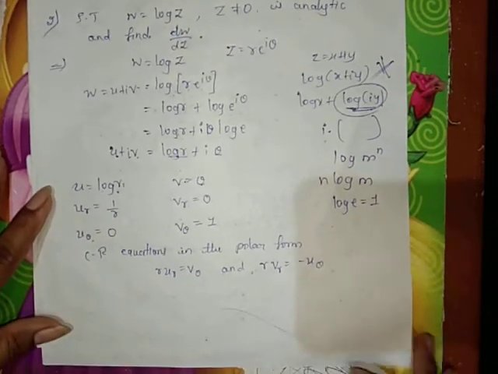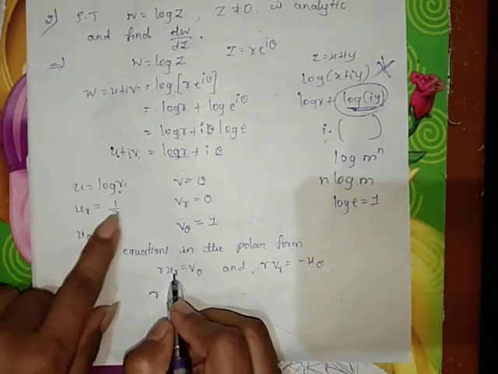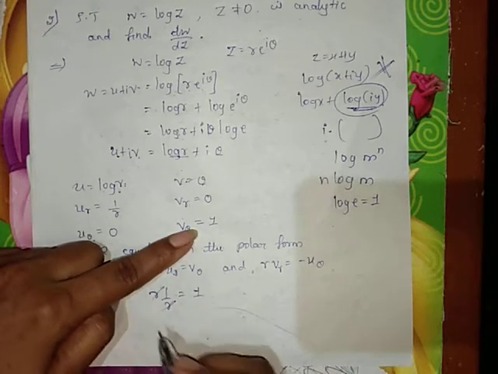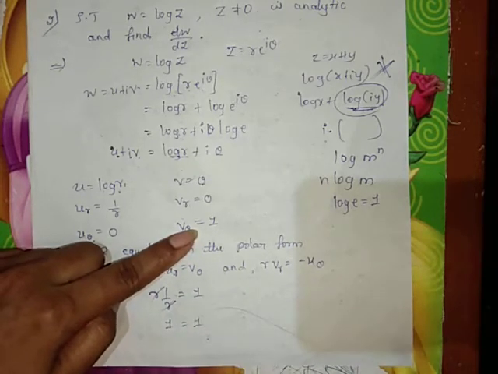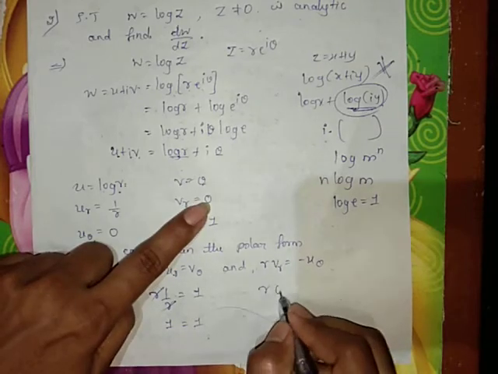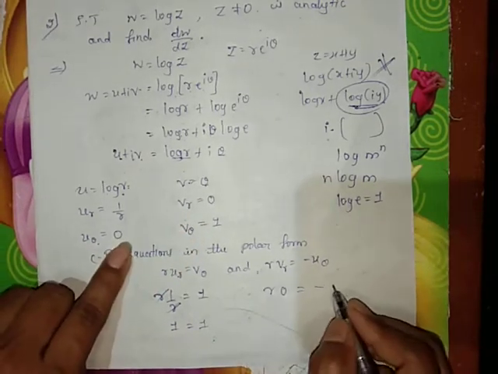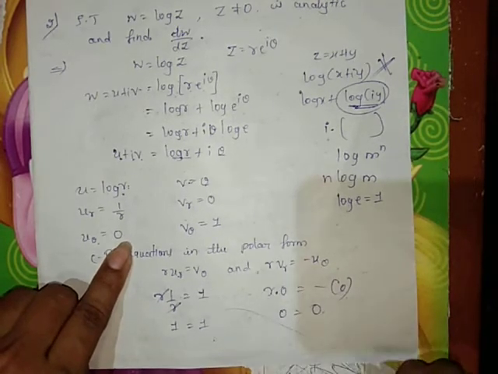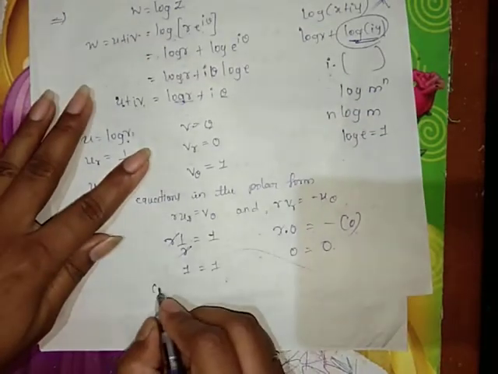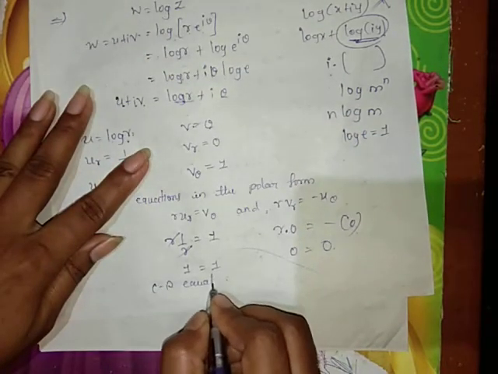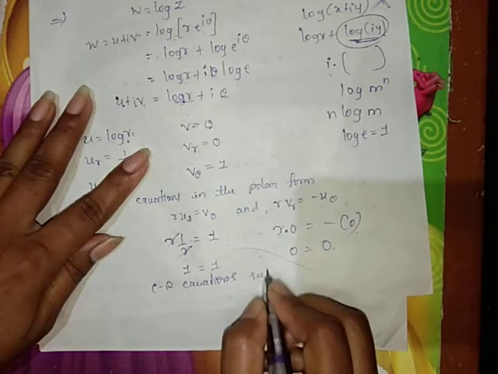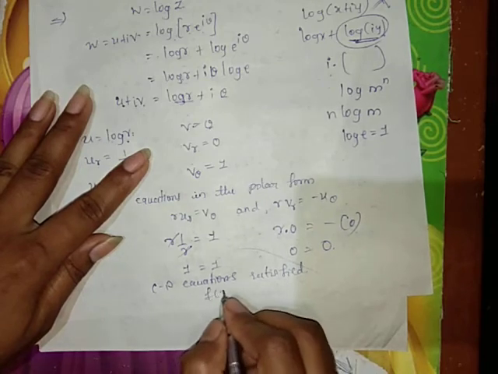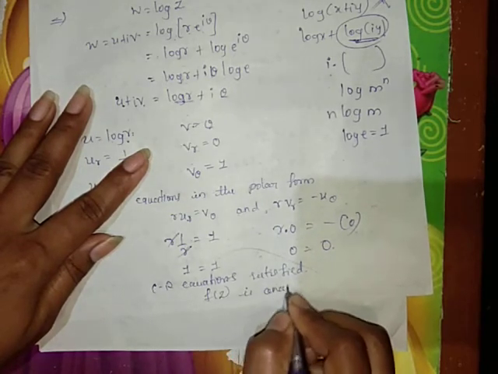So just cross check whether they are satisfied. r into u r is r into 1 by r, v theta is 1, r gets cancelled, 1 equals 1. Now r into v r is 0, minus u theta is 0. 0 into something is 0. So hence the CR equations are satisfied. If CR equations are satisfied, we conclude that f of z is analytic.